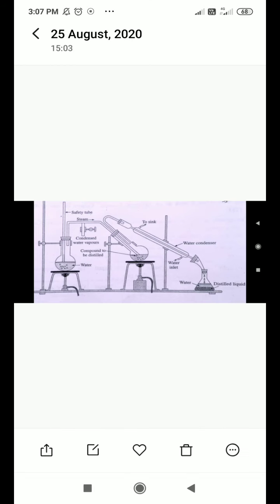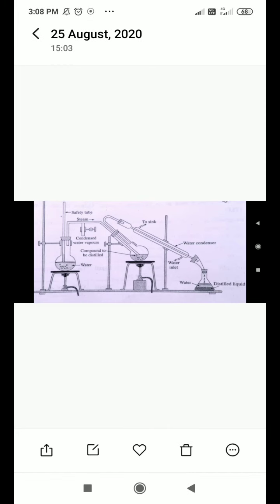Look at the screen. First of all, we will assemble all this apparatus, in which on the left side we have placed water in the first RBF. In the middle RBF, we have placed an organic compound which is immiscible with water, the compound to be distilled.